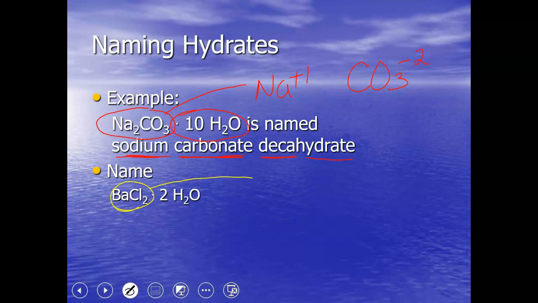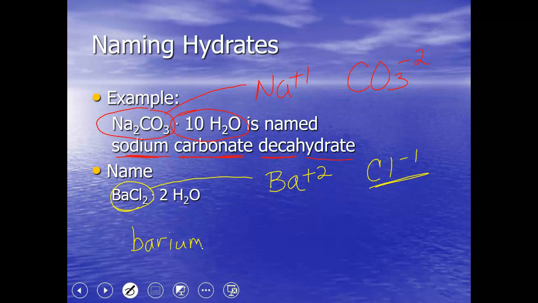Now, if you're using your periodic table, barium is +2, remember, because it's in the second column, it's an alkaline earth metal. Cl is a halogen, and they're all -1. And remember that instead of chlorine, we change the ending and we call these ions chloride. So we would start with that name.